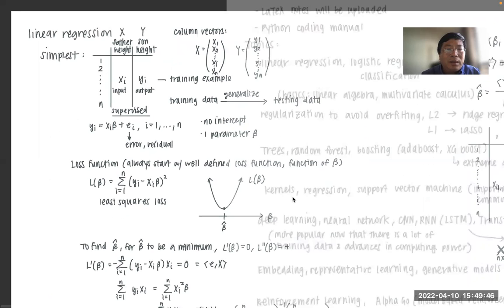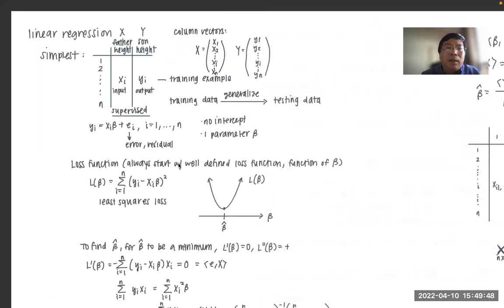So we start from linear regression. And for linear regression, maybe we want to start from the simplest regression. It is even simpler than the so-called simple regression, in the sense that we have n observations, but for each observation, we only have a single input variable and a single output variable.